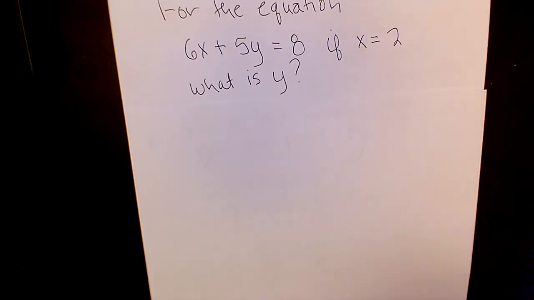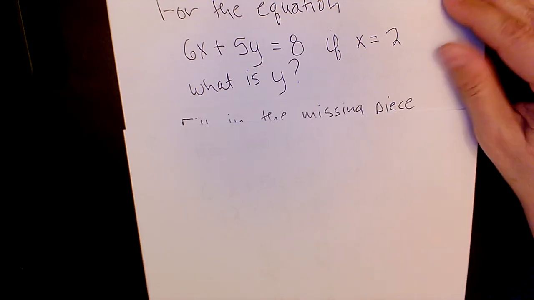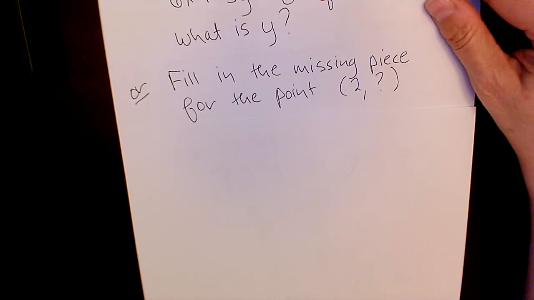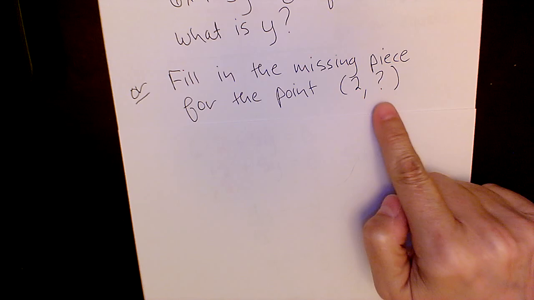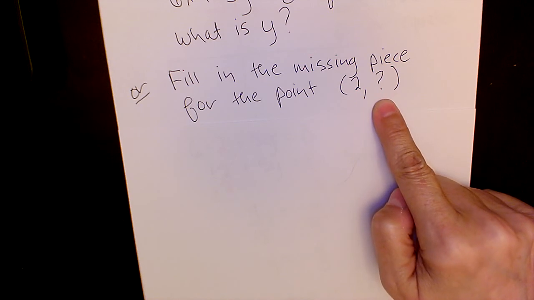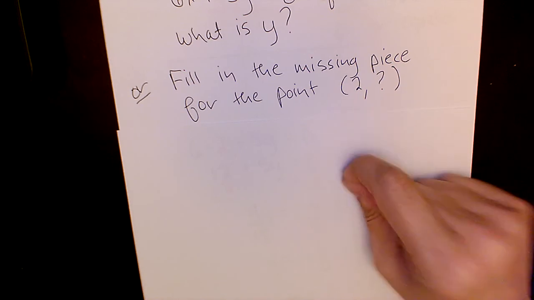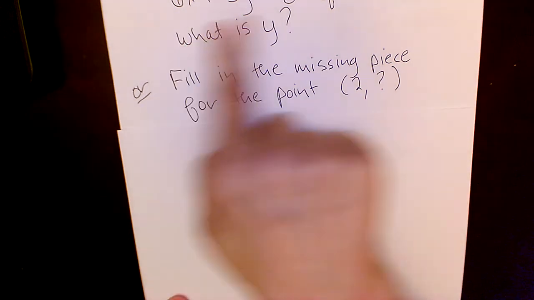So they're giving me just half of the point and I have to find the other half. They're giving me the x coordinate and I've got to find the y coordinate. So it also means fill in the missing piece for the point. So I know that 2 is x, I have no idea what y is for this equation.